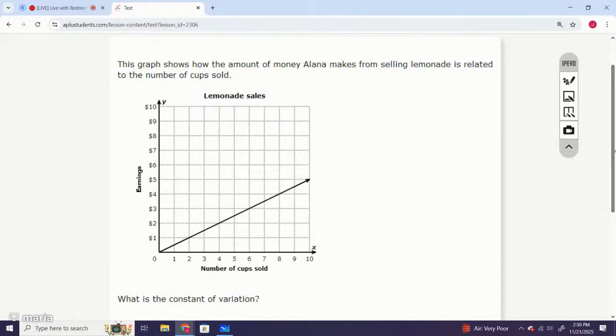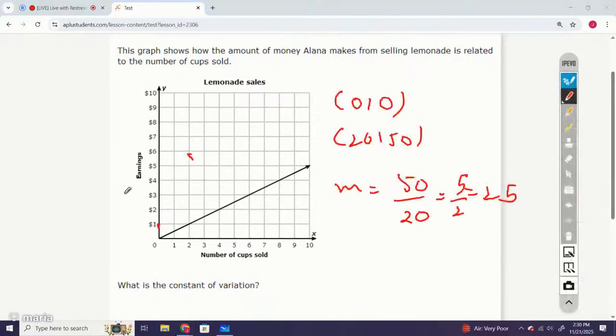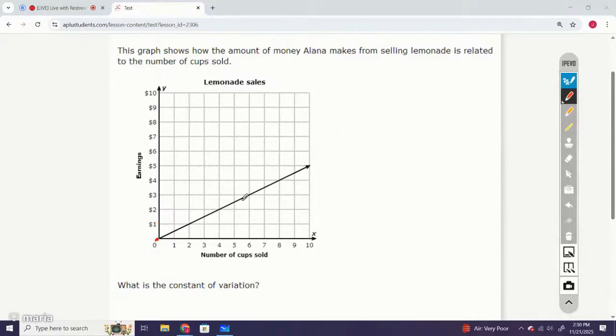This graph shows how the amount of money Alana makes from selling lemonade is related to the number of cups sold. What is the constant of variation? For the constant of variation, we can use any 2 points on the graph and we need to calculate the slope. Here is the first one and here is the second one, when x is 0, y is 0, x is 2, y is 4.